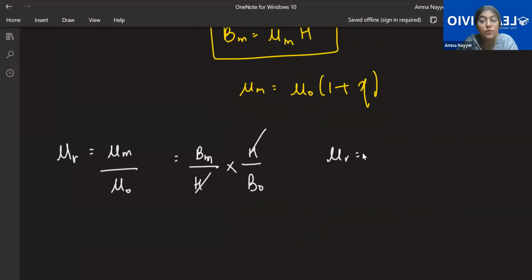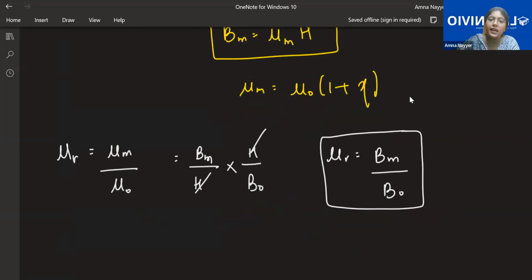Relative permeability now has one more formula: B m, the magnetic field for a medium, divided by magnetic field in air.